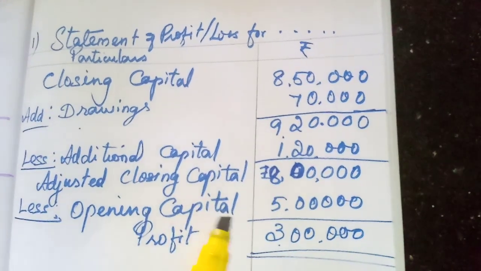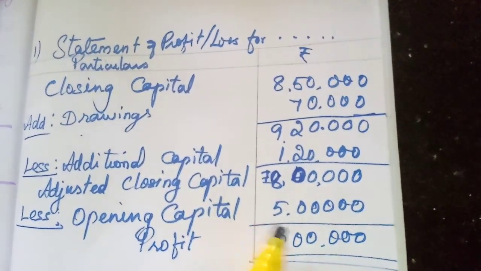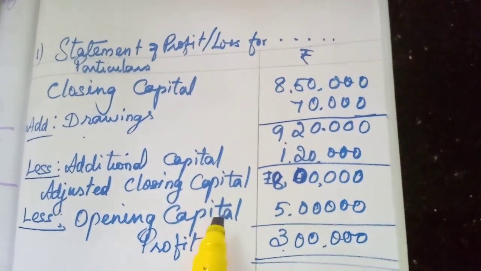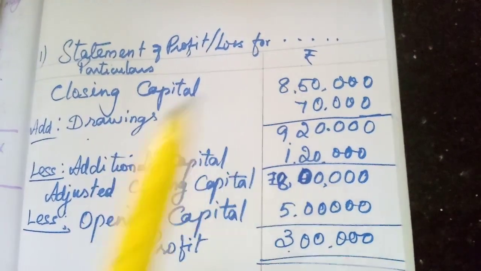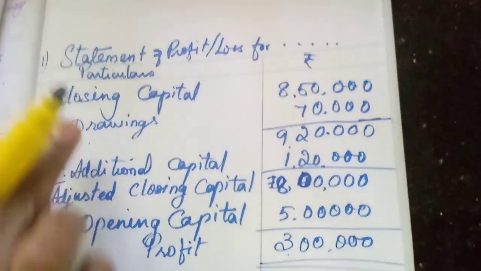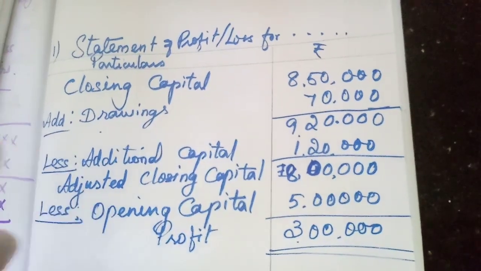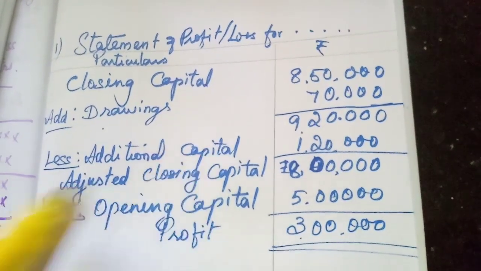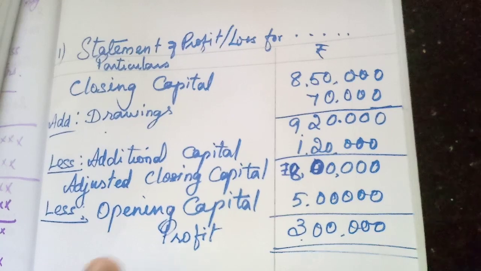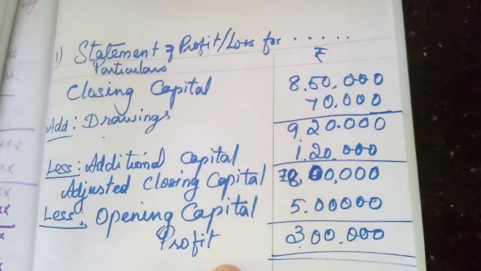Every time we cannot expect they may ask for only profit or loss. Sometimes they may ask what is the opening capital or closing capital or drawings. Any one amount they can ask, but the same formula you have to follow. Closing capital, add the drawings, less additional capital, less opening capital. That one we will see one example and one problem.